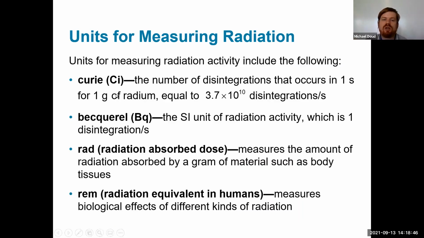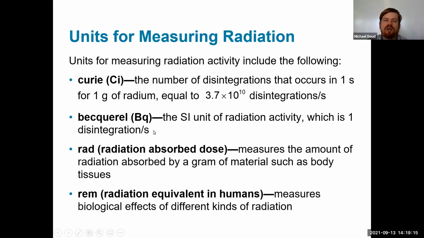For 1 gram of radium, that is 3.7 times 10 to the 10th disintegrations per second. That's just one way of measuring how many decays are going on, and that is particularly for the radium itself. So 1 Curie is 3.7 times 10 to the 10th disintegrations per second, or decays. You can think of it in terms of decays as well.